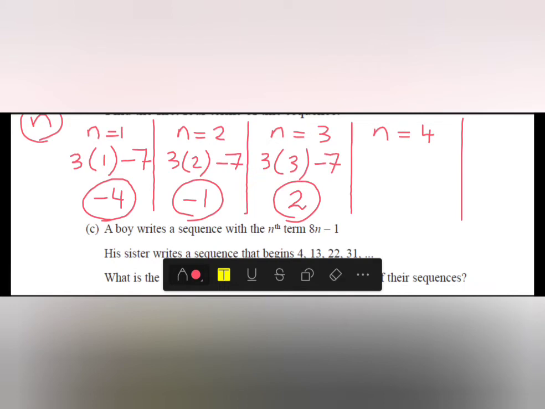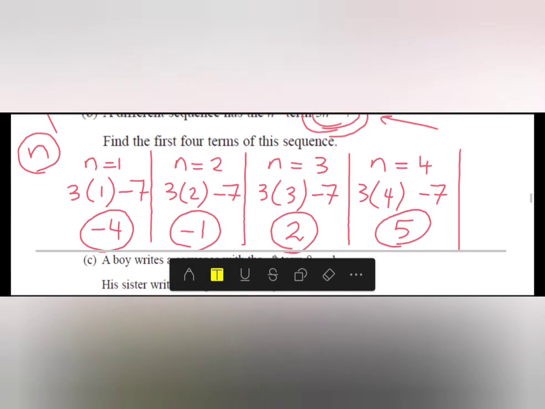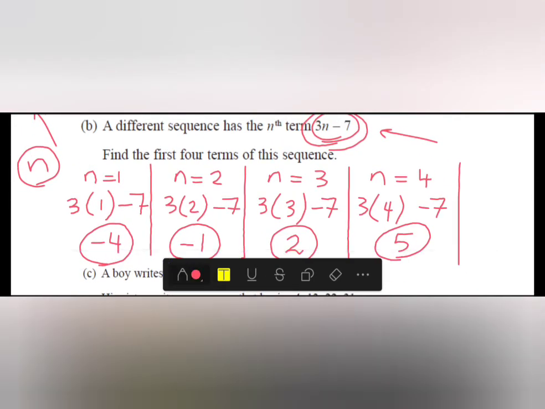And then the last one, which is 4. So 3 times 4 minus 7. So 3 times 4 is 12. And then we have 12 minus 7 equals 5. And this is the fourth term. So we use the nth term, which is 3n minus 7 here.